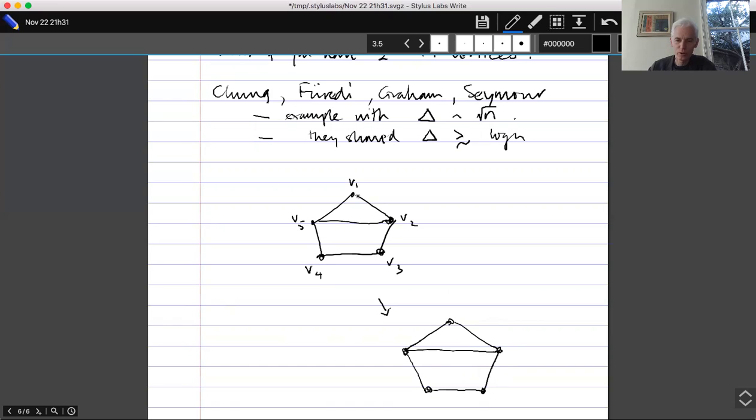So what we do is we look at V1, and somewhere down here we've got a column vector V1 up to V5. And in this row, we'll have a 1 for every neighbor of V1. Sorry, V1 is the vector rather than the name of the vertex. So we'll have a 1 for every neighbor of vertex 1, and a 0 for every non-neighbor.